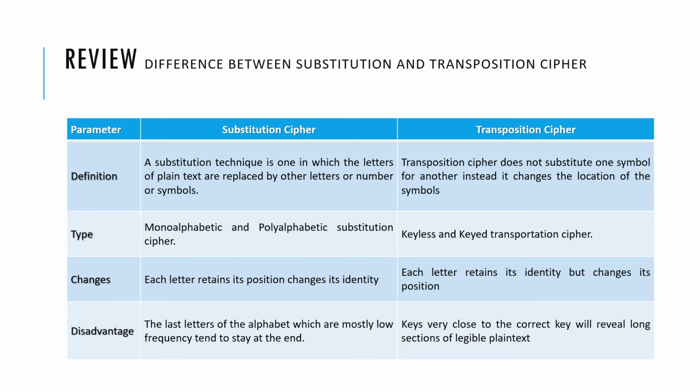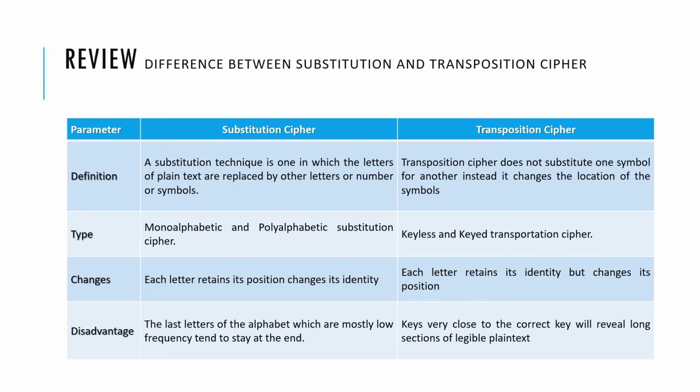In this slide, we are going to present the differences between substitution and transposition cipher. This also serves as a review for the entire presentation. So, a substitution cipher is a technique in which the letters of plain text are replaced by one another or other symbols. However, a transposition cipher does not substitute one symbol for another. Instead, it changes the location of the symbols.